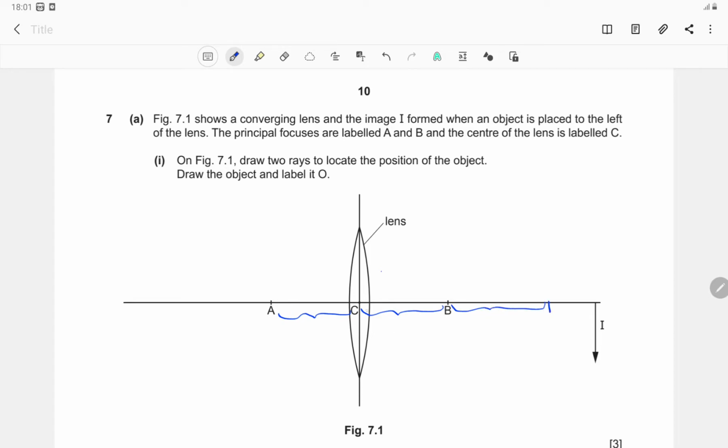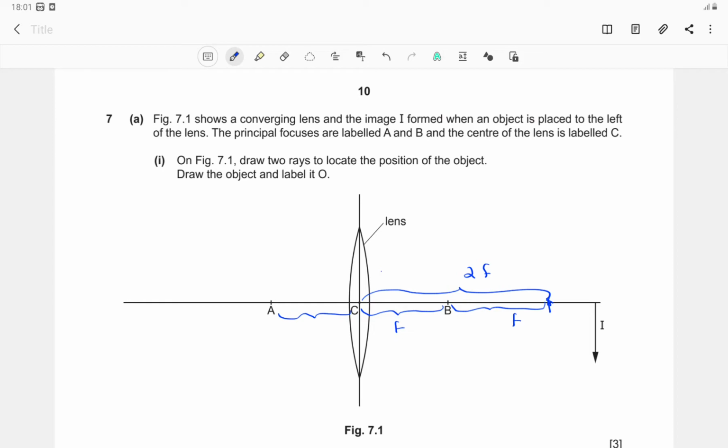You can again take the ruler and take the distance. If from C to D is F, again C to somewhere else you will get F, and beyond 2F. So this total length represents 2F. So you can identify the image has formed beyond 2F or double of the focal length.